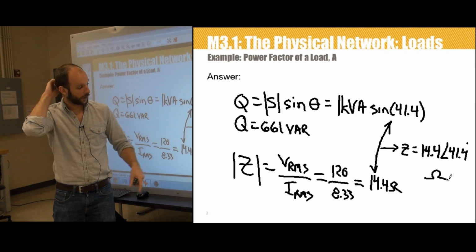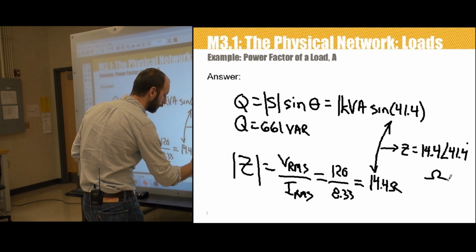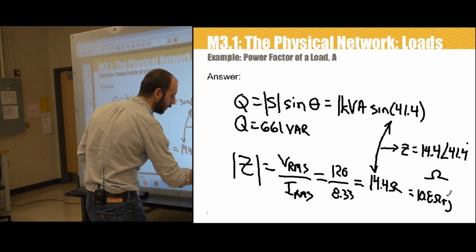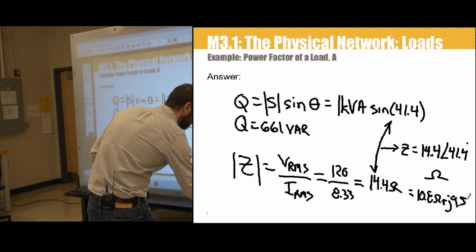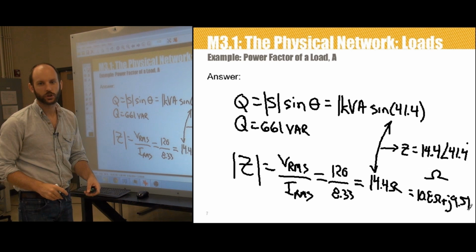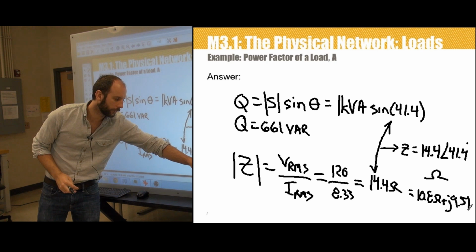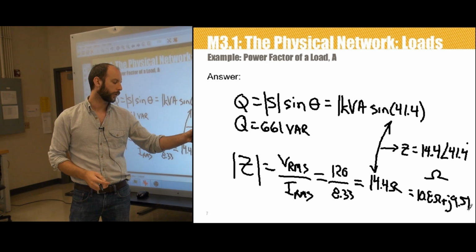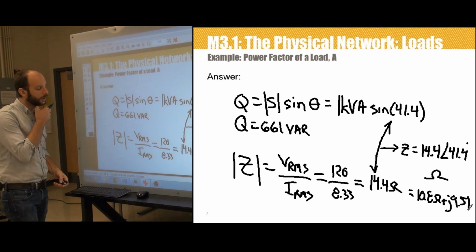I could convert that over to rectangular form, and that would give me 10.8 ohms plus j9.51 ohms. We can look at that and say, okay, we've got a 10.8 ohm resistor in series with a 9.51 ohm inductor. That jives with our impedance angle. We have a positive impedance angle, meaning our impedance is in the first quadrant, as an inductive load should have.